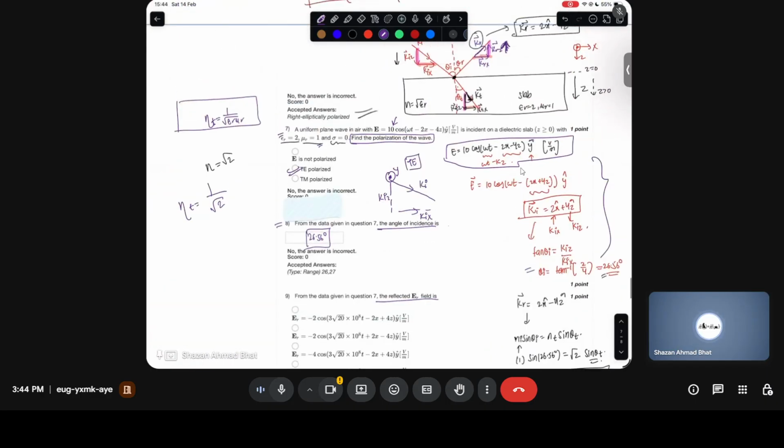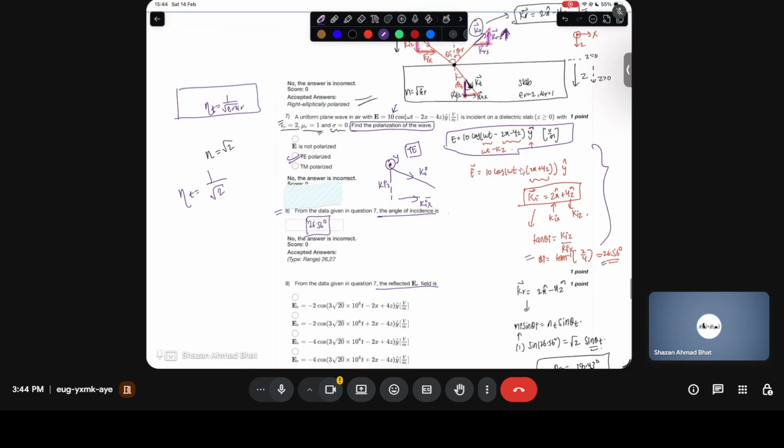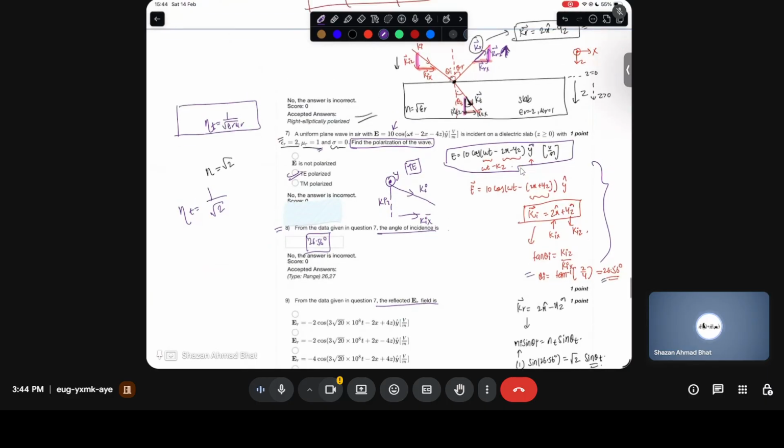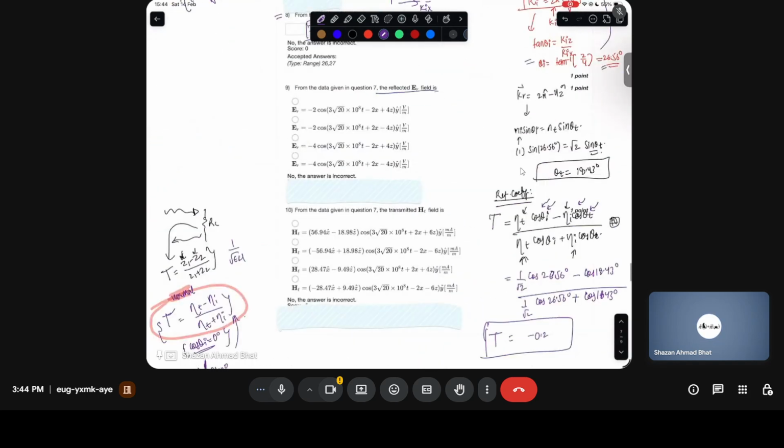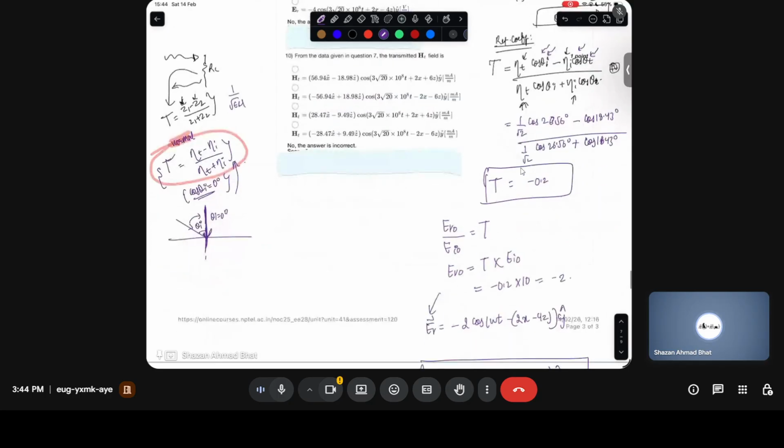And the oscillations are still in the same direction, in the y cap, because this is y going inside. So now you can write ER as minus 2 cos of omega t minus 2x plus 4z, y cap.